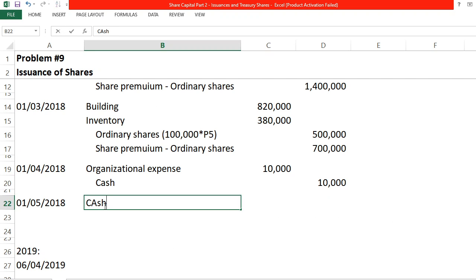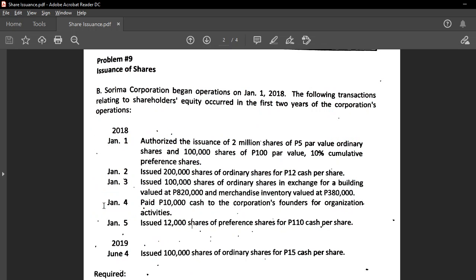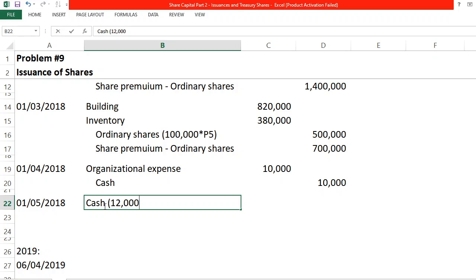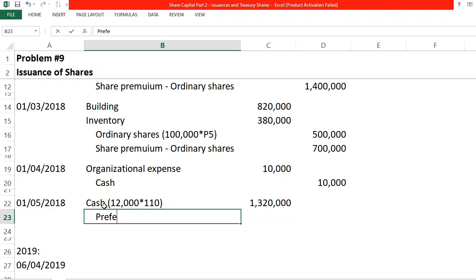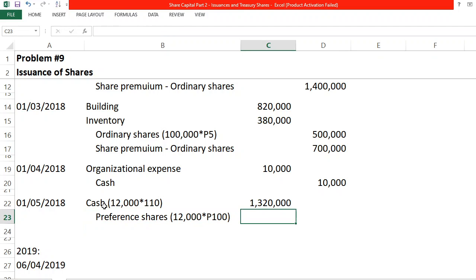Next, January 5. Issued 12,000 shares of preference, okay, hindi na ordinary, for 110 cash per share. So again, cash, ilan daw yun? 12,000 times 110. And that is 1.32 million, but we are going to record this on preference shares at par. And the par of our preference share is just 100.